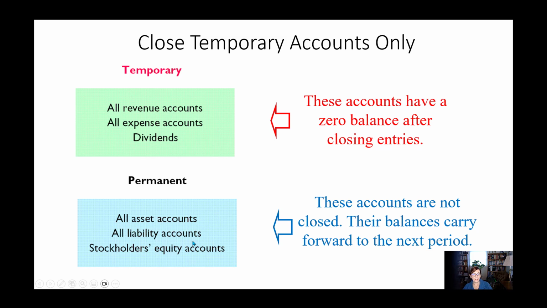Those are going to get carried forward to the next period. So for example, if you have $20,000 in cash at the end of the year, that's not going away, right? That amount of cash that was there on December 31st is still going to be there on January 1st, right? The revenues and expenses and dividends will not, but all of your permanent accounts are going to be carried forward to the following period.